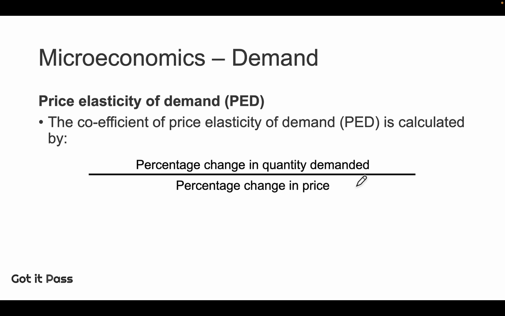So here we have the two variables, the quantity demanded and also the price. In our case, the price is the independent variable, and we would like to see how the price changes and the response from the quantity demanded. So the dependent variable is the quantity demanded, and the independent variable is the price.